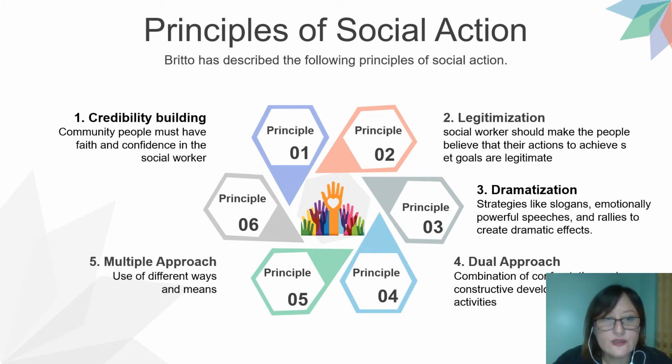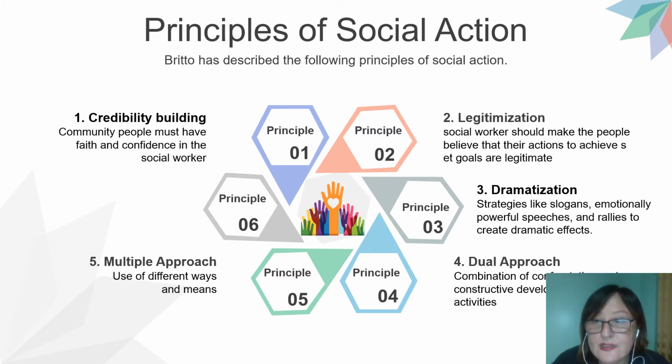The fifth one is multiple approach. Of course, you can do different approaches when you organize social action activities. You have to know which ones are effective, which ones would get the attention of decision makers. It would really depend on who are the key stakeholders that you want to engage with.